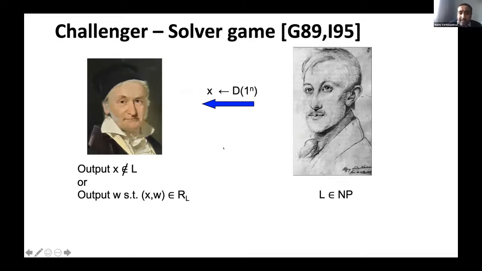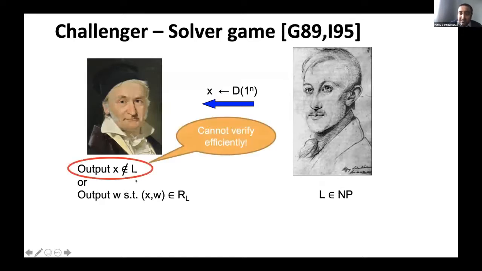The average-case hardness of this language can be captured via the success probability of Gauss in this game. However, there is one thorn in this game: if x is not in L, this is not something that is efficiently verifiable.